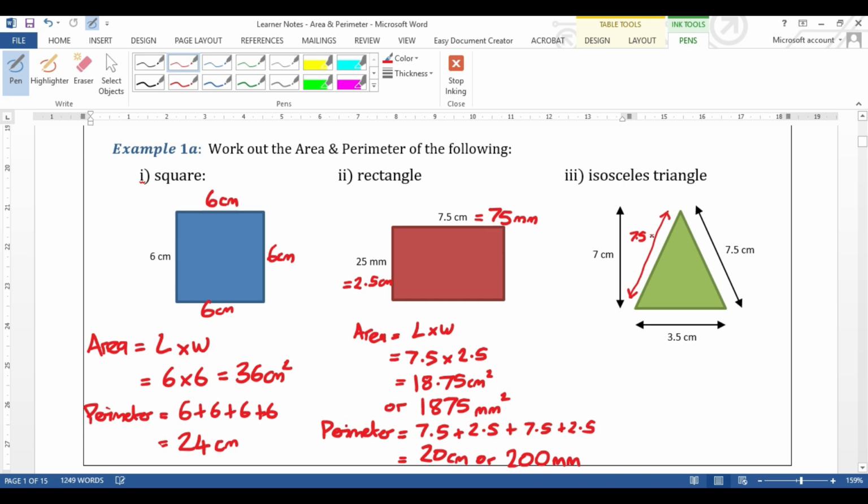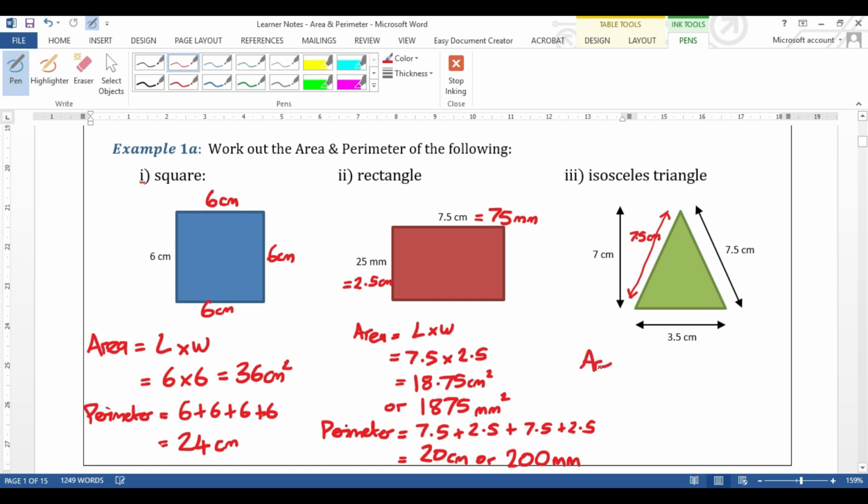So just be careful. And the vertical height is 7 centimeters, so different to the 7.5 here. They are two different things. Obviously the 7 is the vertical height, which is perpendicular to the base, so it's 90 degrees to the base. This slanted one is the same as that slanted one there.